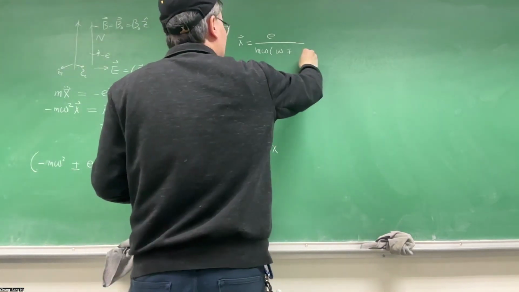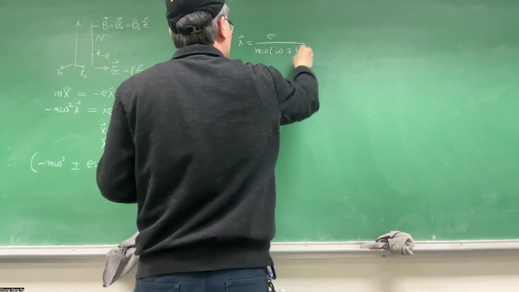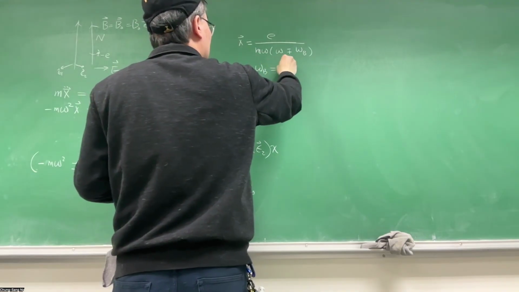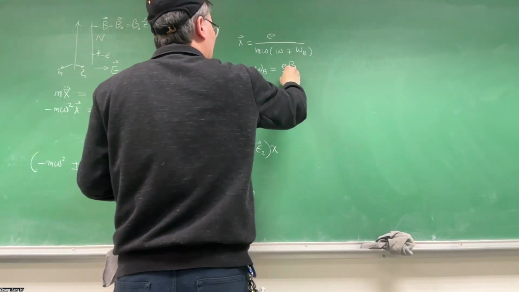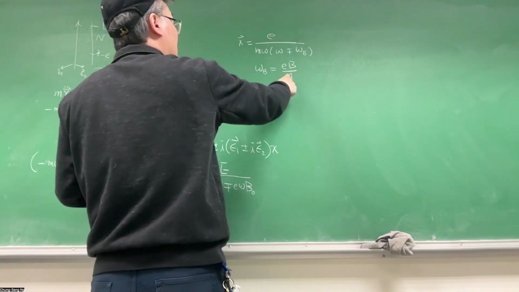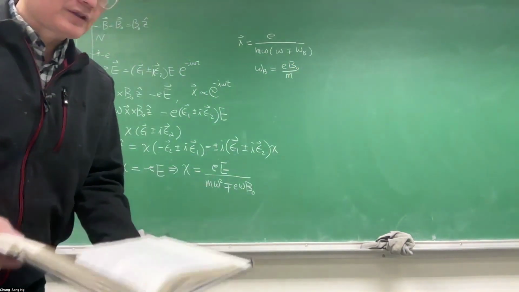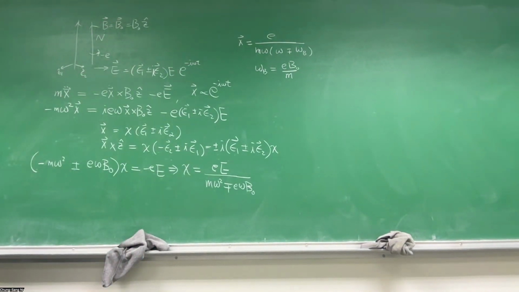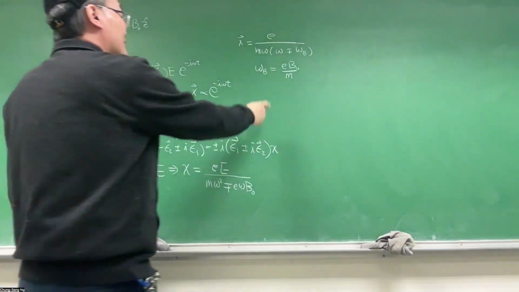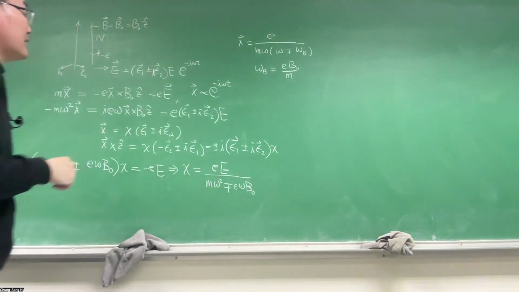And that is defined here as omega sub B. Omega sub B is eB over m, where e is the electron charge and m is the electron mass. This quantity is for the electron cyclotron. You haven't taken part yet, right? So this is the electron cyclotron frequency.